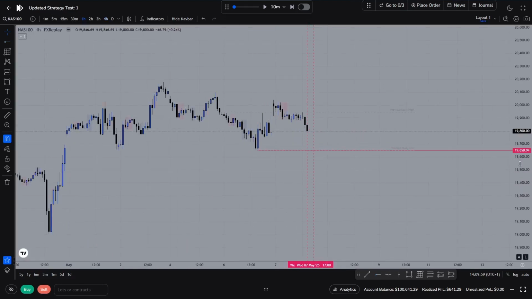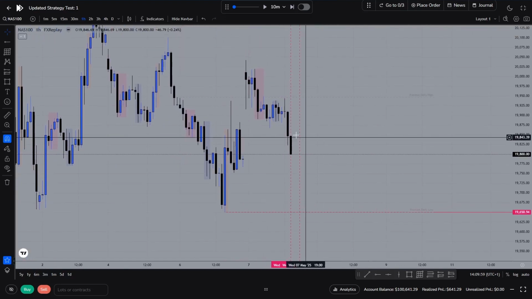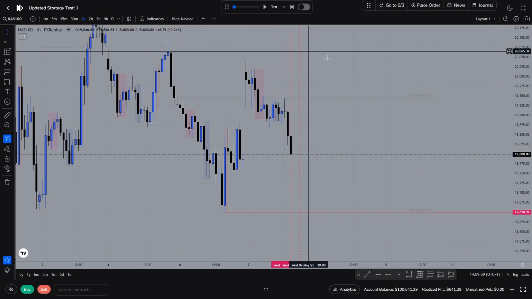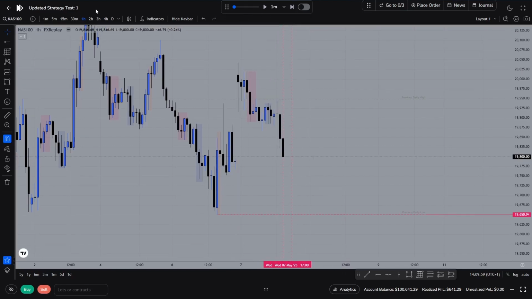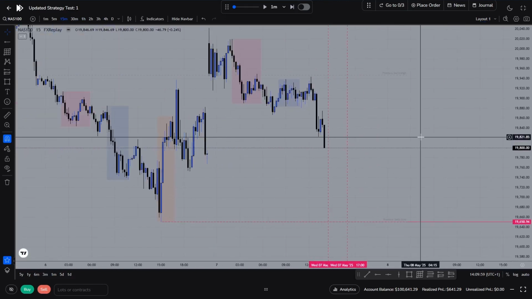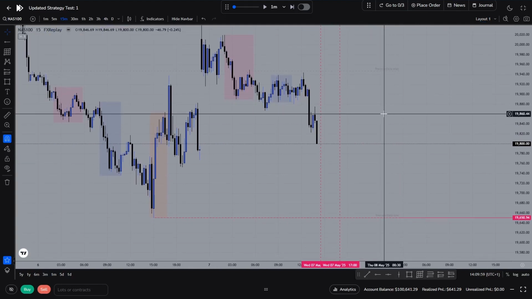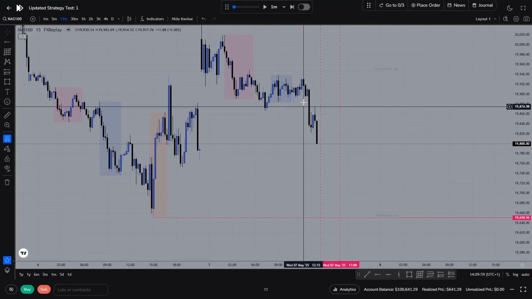1 hour. Price already swept all these session lows. Well, drop down to the 15 minute. I need to see something. Nothing really, I'm just seeing bearish momentum.